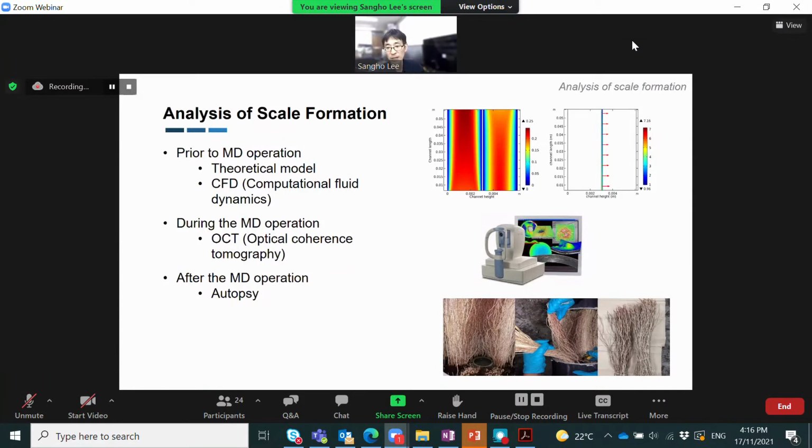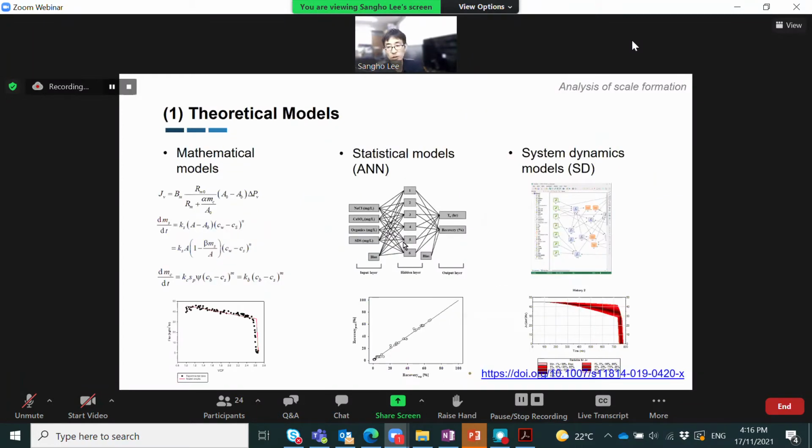After the membrane operation, the way that we can analyze the scale is, of course, autopsy. I'll show you some pictures and results from my previous papers or some of the works that I'm currently working on.